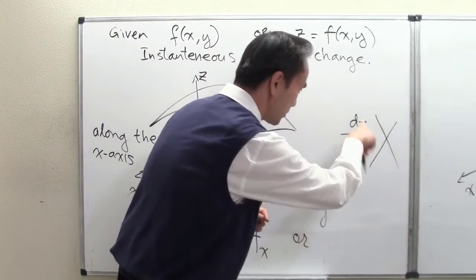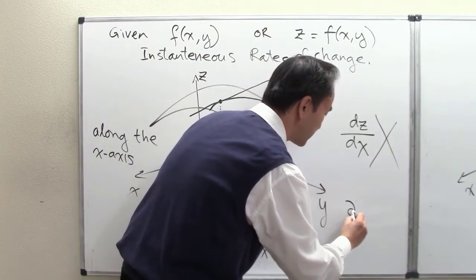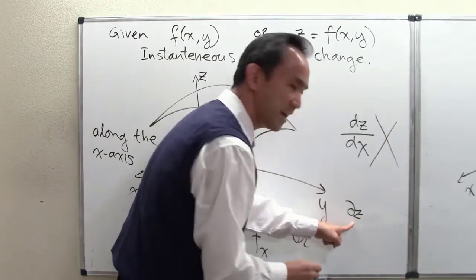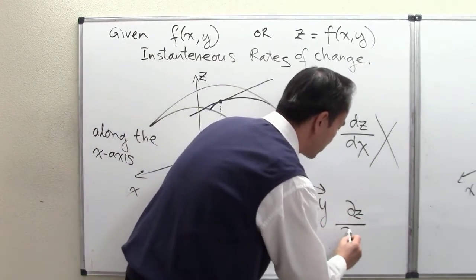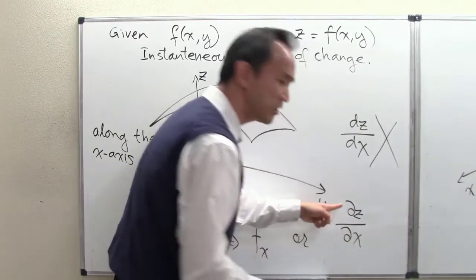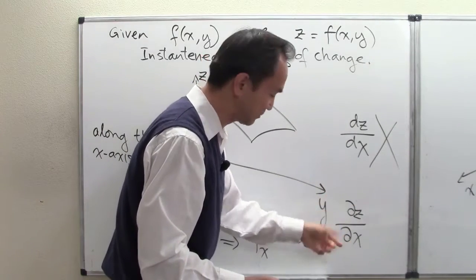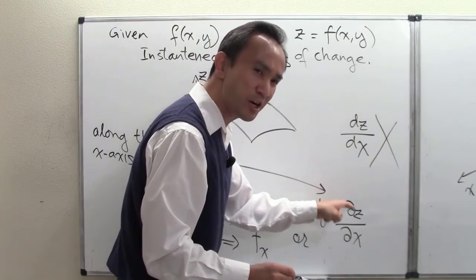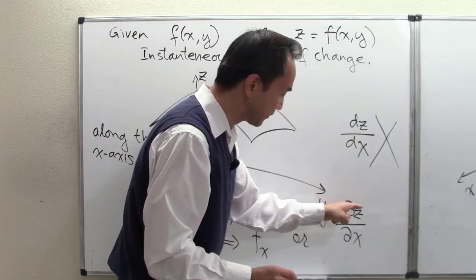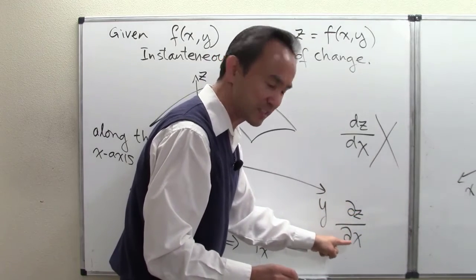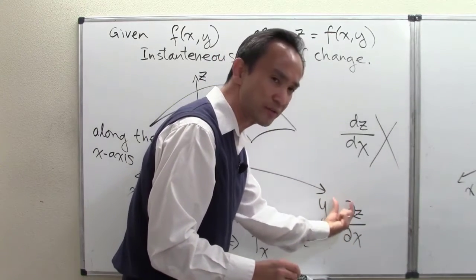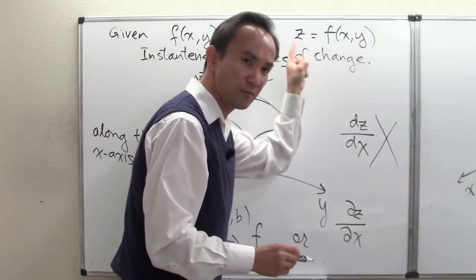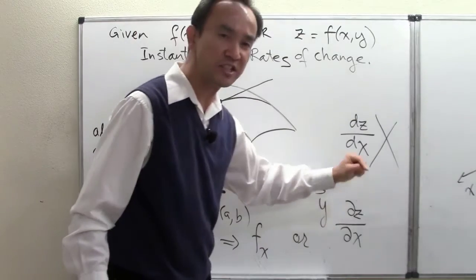Instead we use a descriptive d. It's still a dz, indicating z as a function, and a descriptive dx. We still read it verbally as dz dx, but this way of writing indicates that it's the partial derivative of the function z in respect to x, and that there are other partial derivatives from the same function aside from this dz/dx.